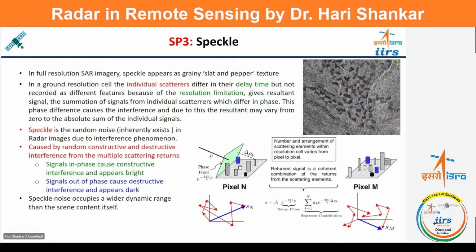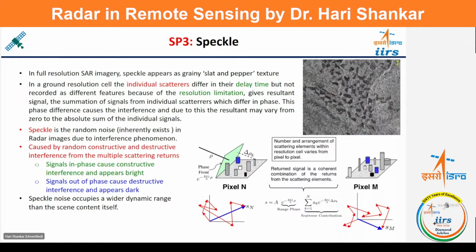On the other side, the actual is, let us say, 50, but because of destructive interference it appears like 30 or 25. So the actual value of that pixel is 50, but somewhere it appears as 80, somewhere as 25. This deviation is just because of the interference happening within the resolution cell.